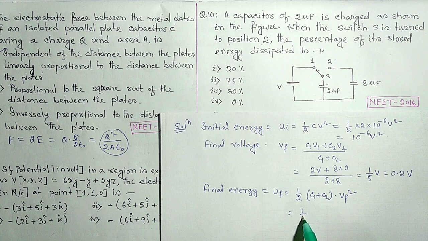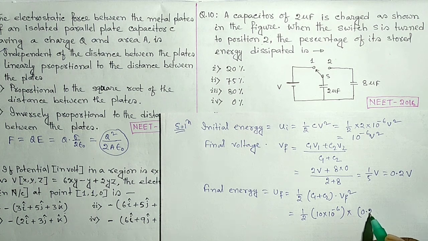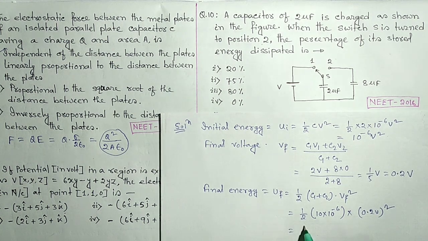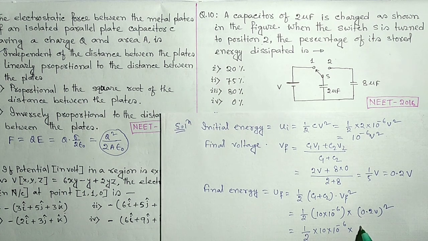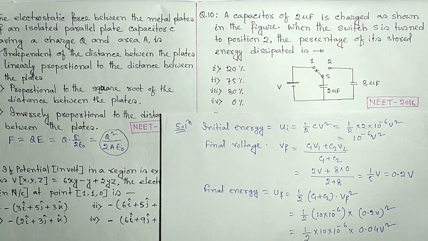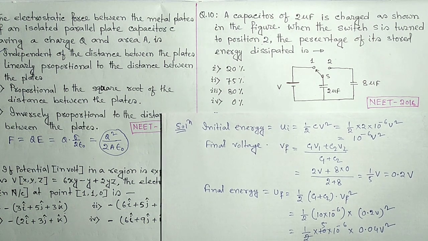It is equal to half into 10 into 10 to the power minus 6 into 0.2 V whole square. So it is equal to half into 10 to the power minus 6 into 0.04 V square into 10, so this is 0.2 into 10 to the power minus 6 V square.